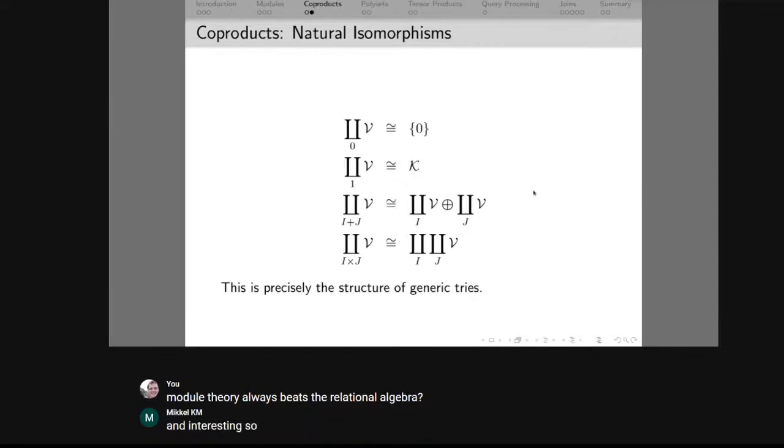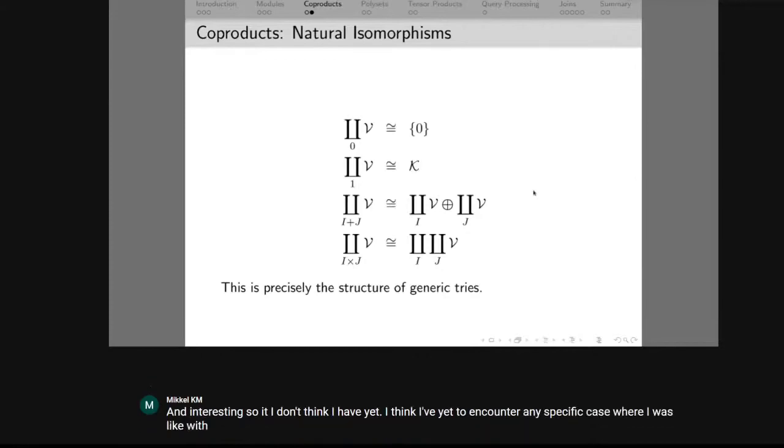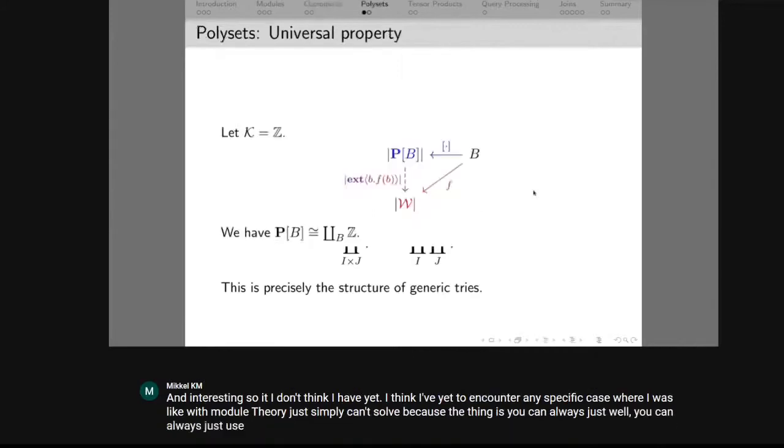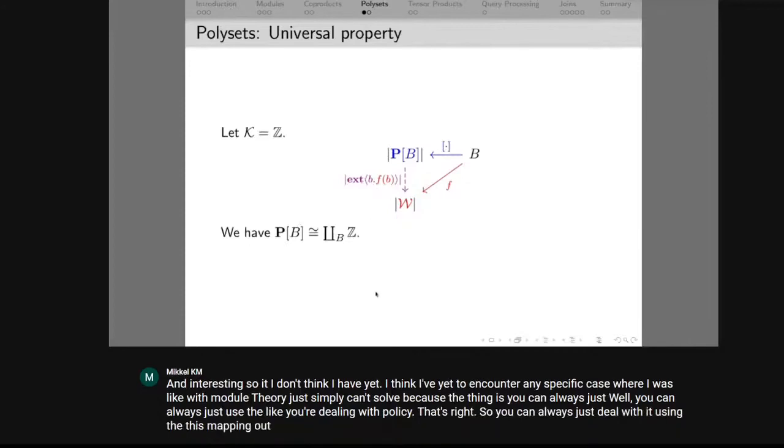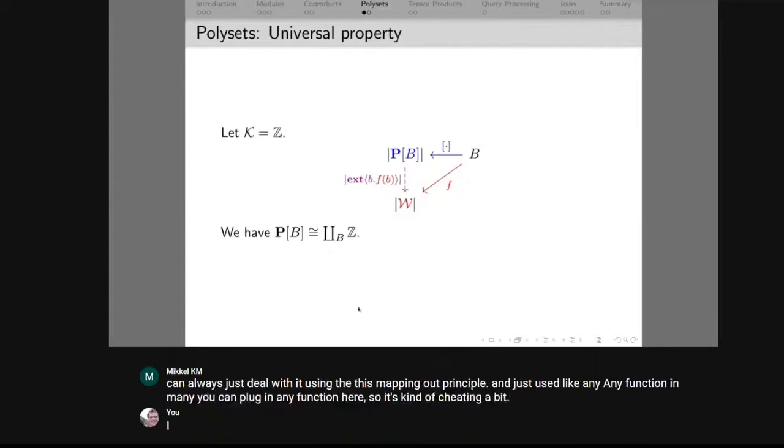I don't think I've yet encountered any specific case where module theory simply can't solve it. Because you're dealing with polysets, so you can always deal with it using this mapping out principle, and plug in any function, so it's kind of cheating a bit. I think it's not an expressivity question, but more of an efficiency question.